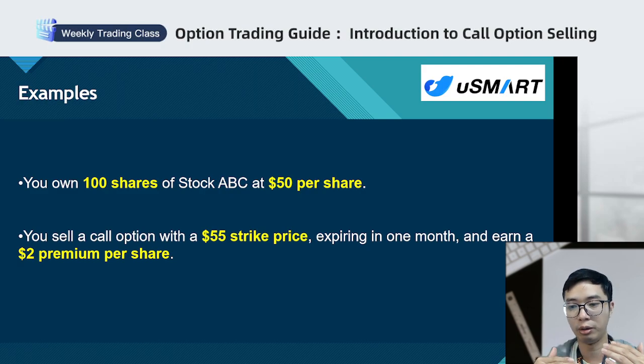So you will slowly milk the profits out of this stock option. If you get $2 out of $50, how many percent is that? That's a lot, almost near 5%.